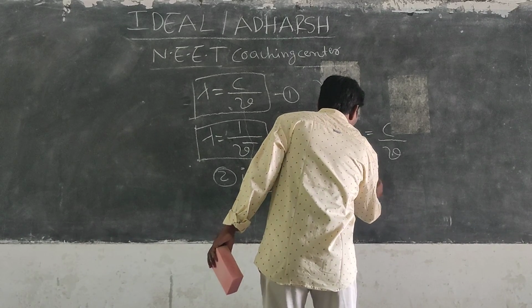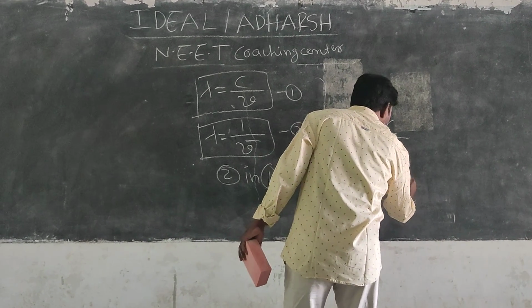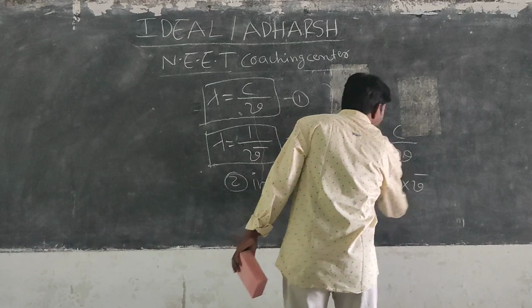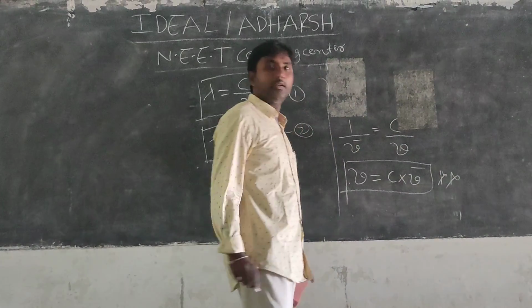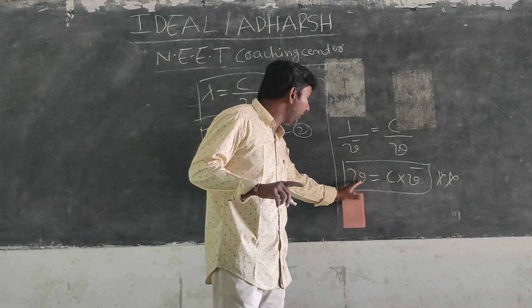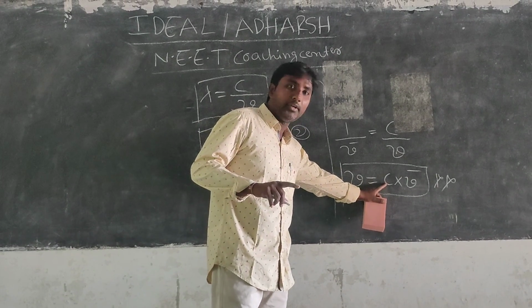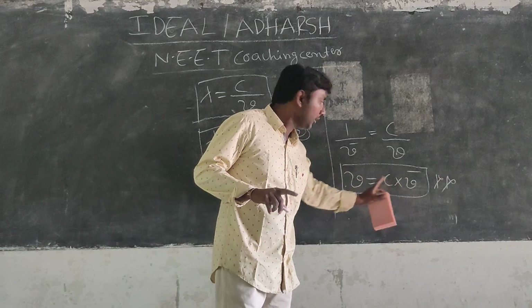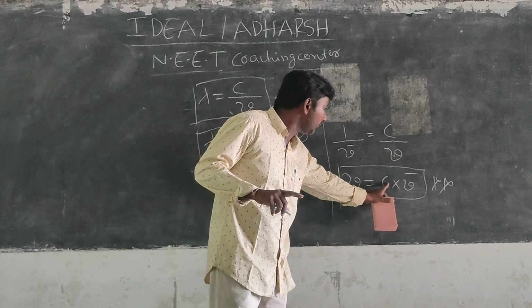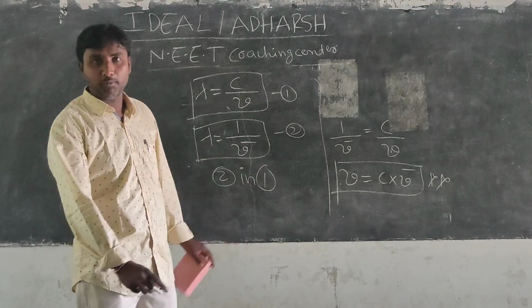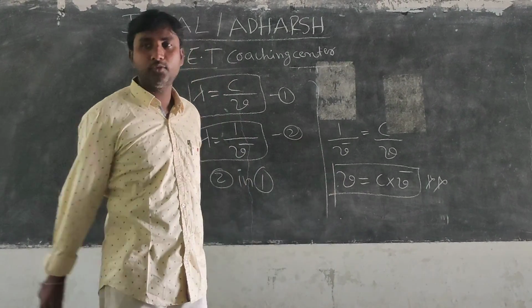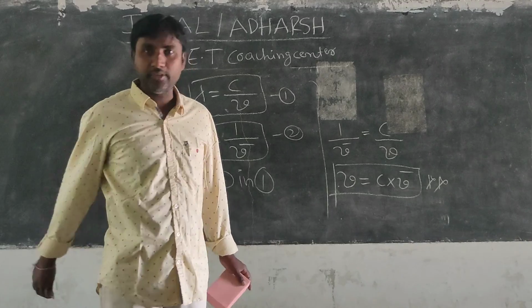Finally, nu equal to velocity into nu bar. This is also another very important formula. That means frequency equal to velocity into wave number. These are the simplest formulas. If you know these formulas first, further topics are easy.